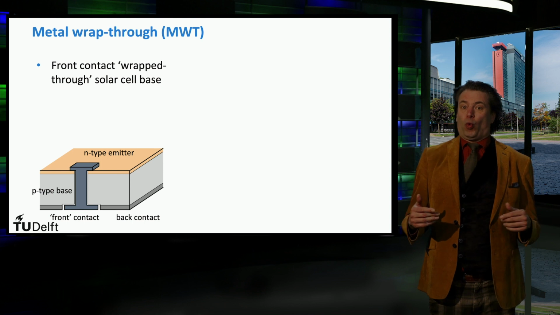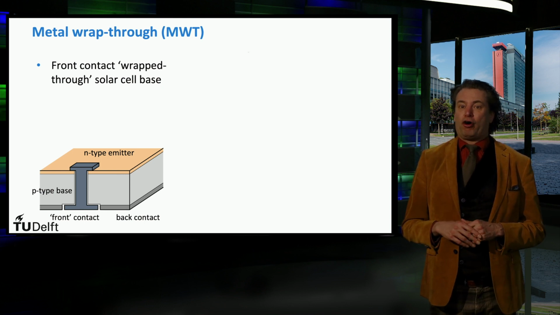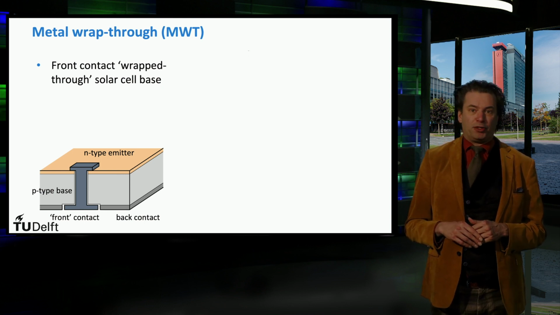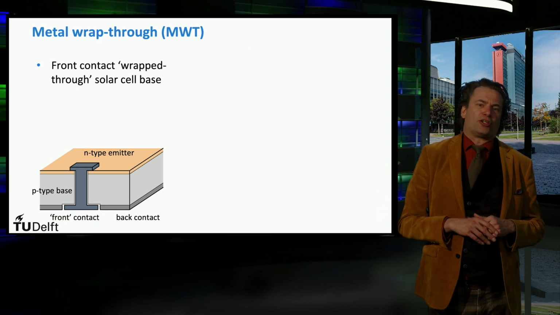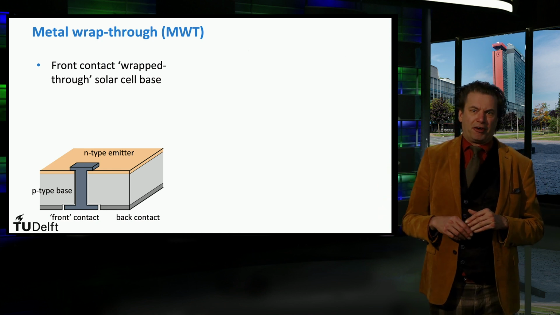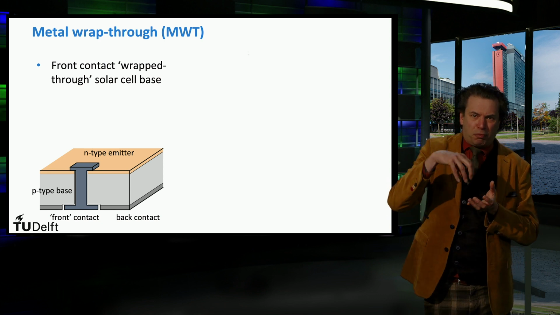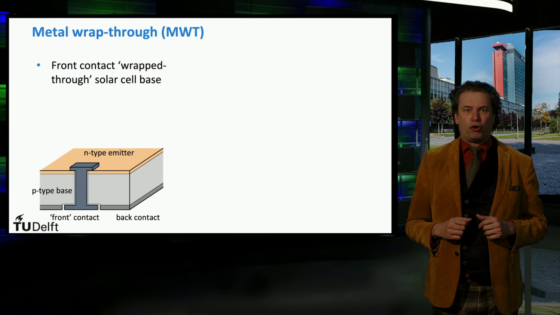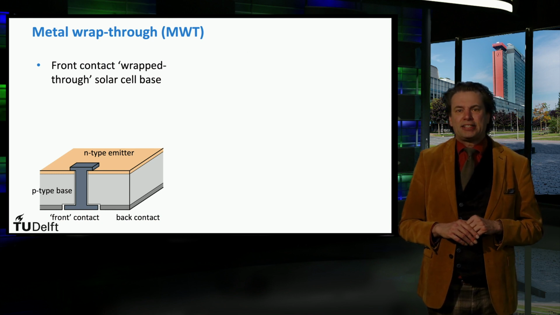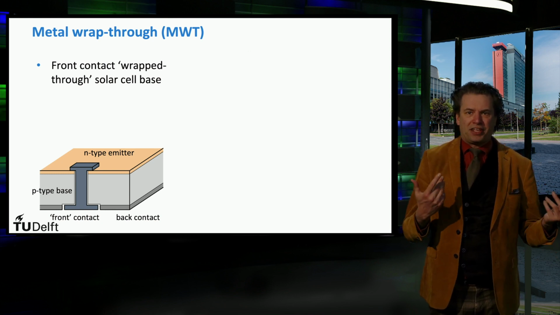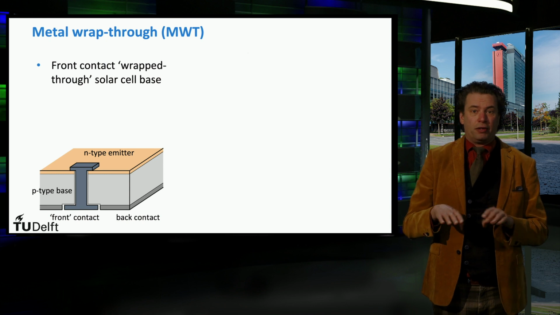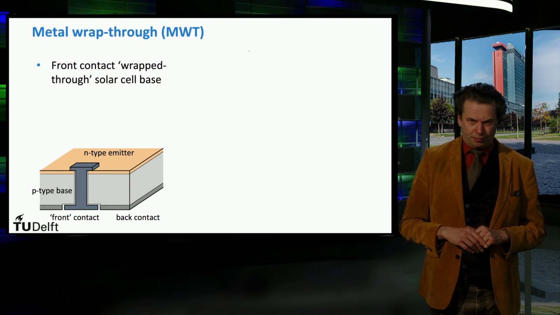The metal wrap-through technology, in literature often abbreviated to MWT, prevents this loss in the module area as it wraps the metal front contact through the base of each cell using a so-called via and places both front and back contact side by side on the backside of the cells.